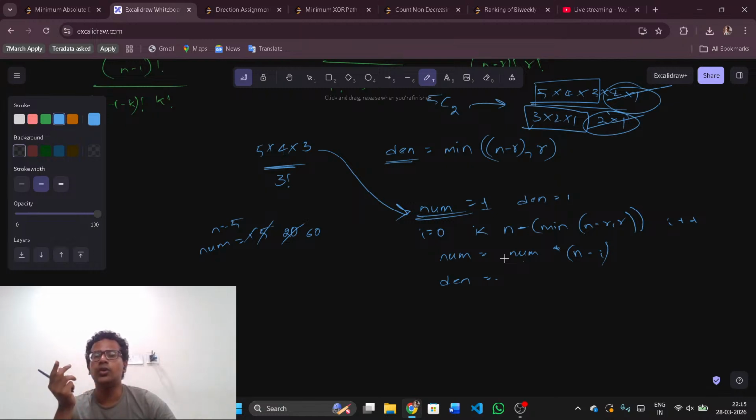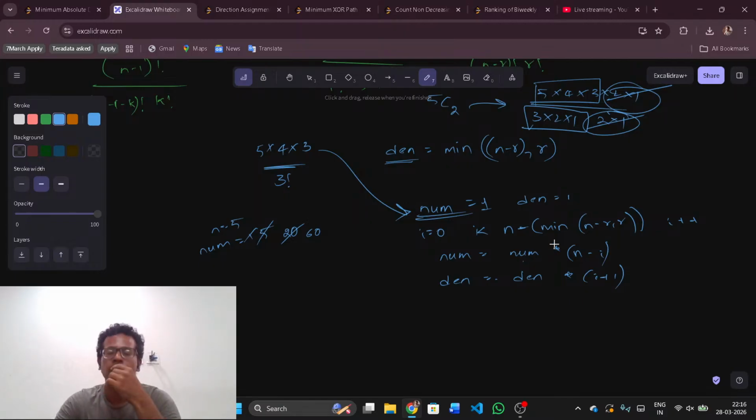3 into 2 into 1 or 1 into 2 into 3. What's the best way? 1 into 2 into 3, right? So I'll just go with denominator is equal to denominator into I plus 1. I will go less than 3, multiplying it with 1.